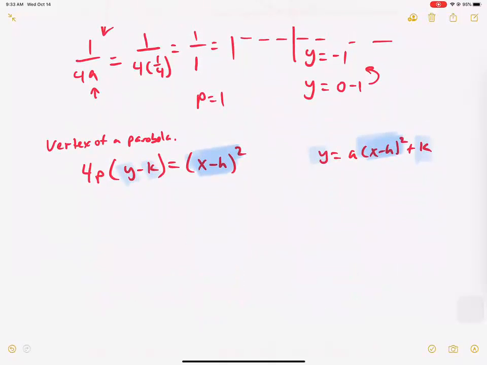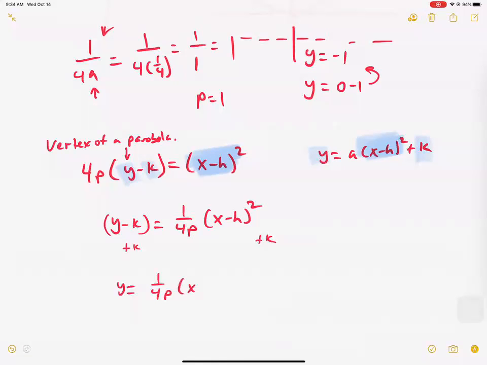Okay, so I'm going to solve for y. If we solve for y, we have to get rid of the 4p. So it'll be y minus k equals 1 over 4p times (x minus h) squared. And then if we add k to both sides, we have y is equal to 1 over 4p times (x minus h) squared plus k.